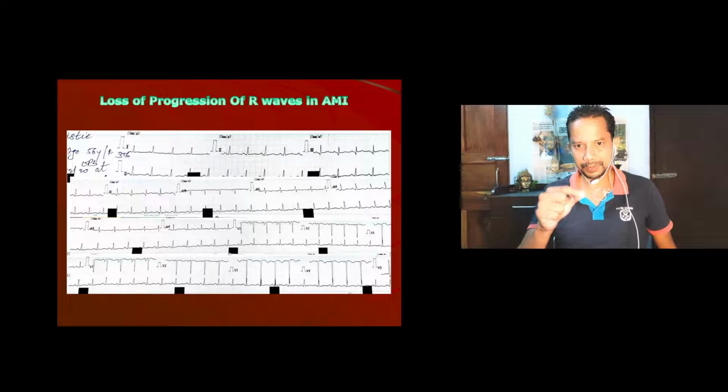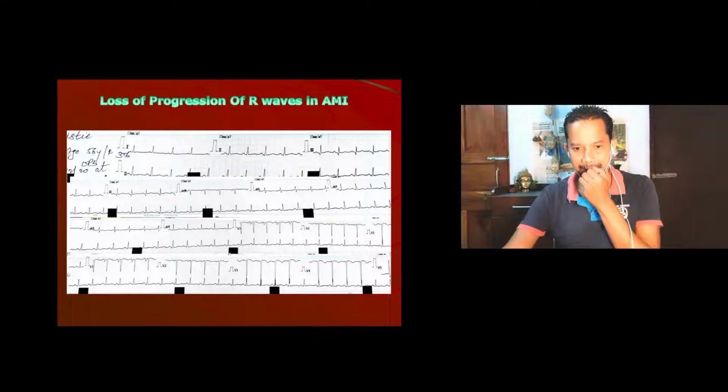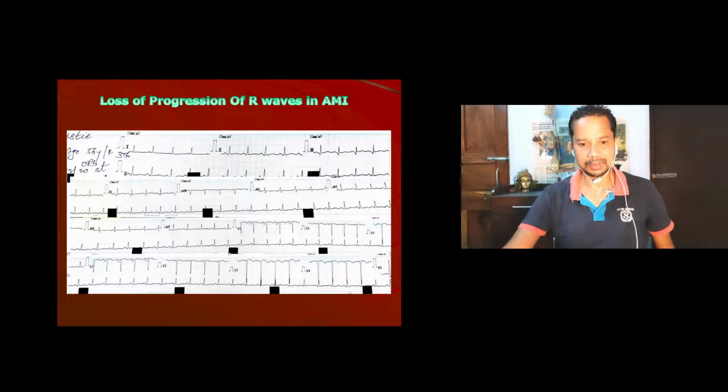Then there is a negative component of the P wave, that is because of the left atrium. But the negative component is very prominent, so that shows the patient's left atrium is dilated. Probably this patient had an anterior wall MI, and after that is also having left atrial enlargement.